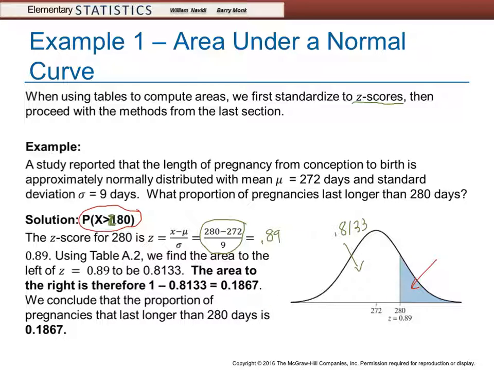To find that area, we have to do what? Well, we take 1 minus this area, and that is the area over there. And so this area ends up being 0.1867. So now we can say the probability that x is greater than 280 is approximately 0.1867 or 18.67%.